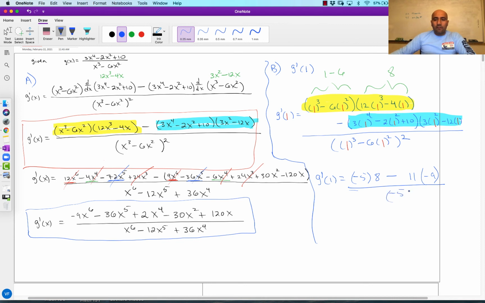Negative 5 squared. Okay, so g prime of 1 is equal to negative 40 plus 99 divided by 25, which gives you g prime of 1 equals positive 59 divided by 25.